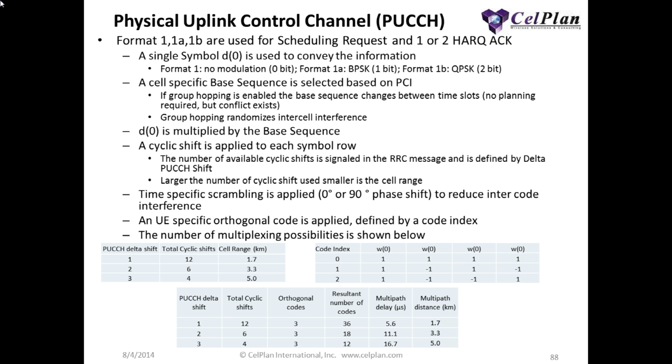The physical uplink control channel, basically for format 1, 1A and 1B, sends one symbol which is multiplied by the base sequence, and then a cyclic shift is applied.